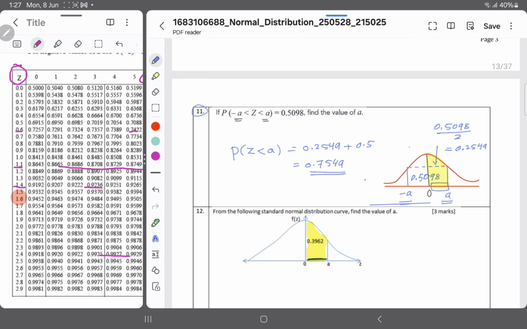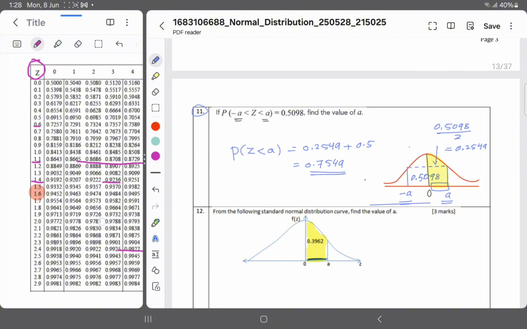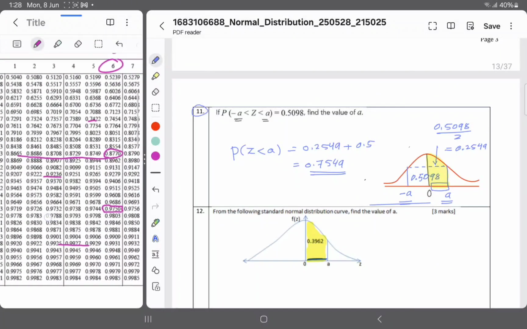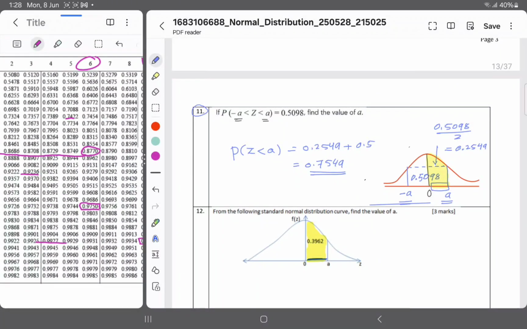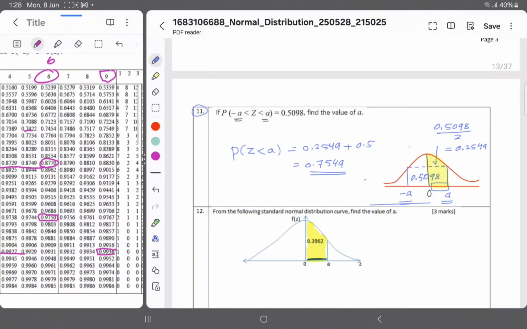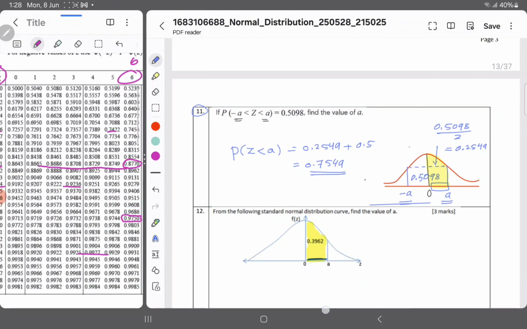Now we look for that inside the table, 0.7549. It is ordered with the same number, and that is 0.69. So the value of a equals 0.69. So that area is included between 0.69 and negative 0.69.